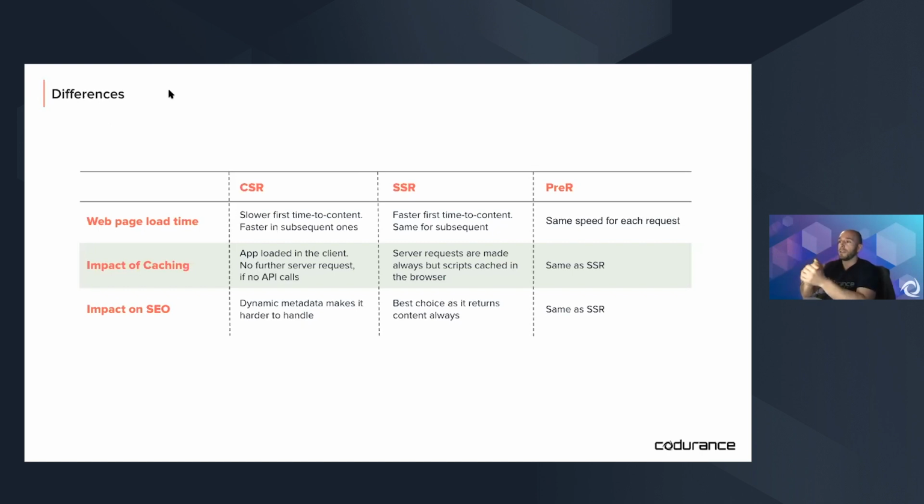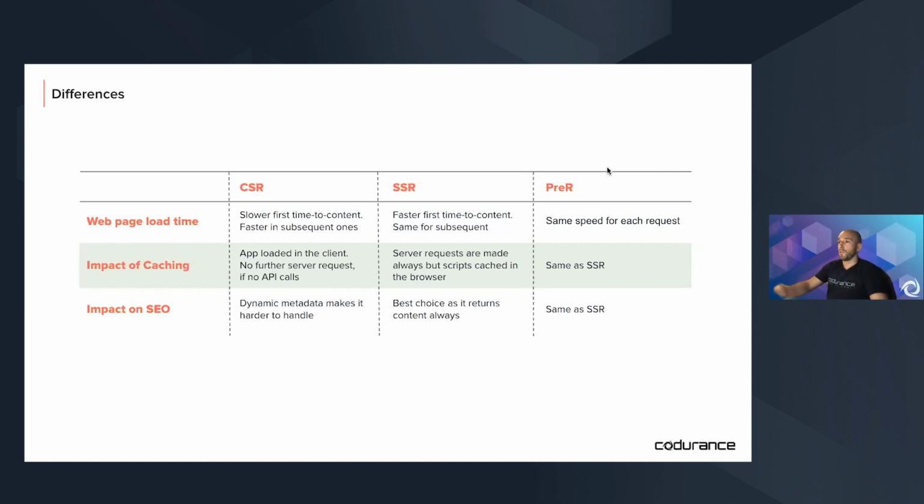But it will keep the same speed for each subsequent request. This means that if you go from the homepage to the who we are page, it's going to take the same time. It's not going to happen as in client-side rendering, where it's going to be faster. In this case, it's going to keep the same speed.